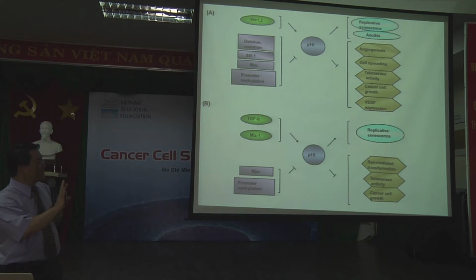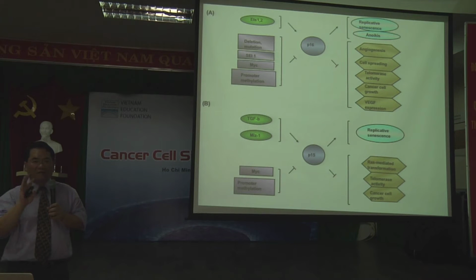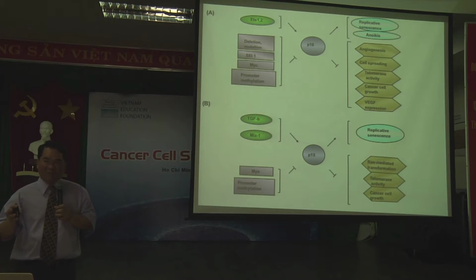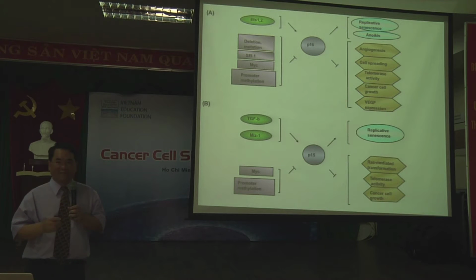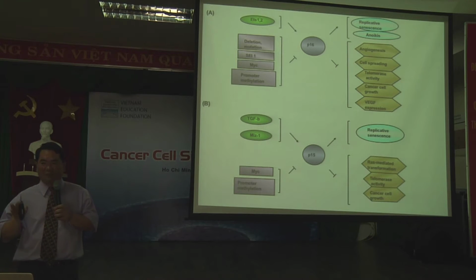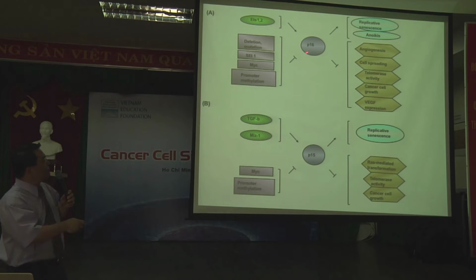Here, to summarize some of the studies about the biological activity of the INK4 family or CIP/KIP family, plus some of the important regulation of these particular genes. For example, P16 is positively regulated by transcription factors.